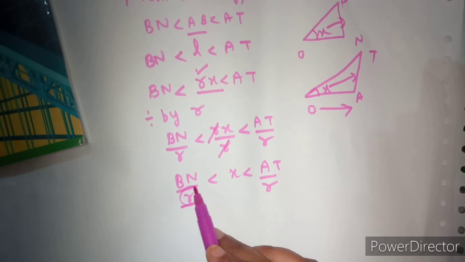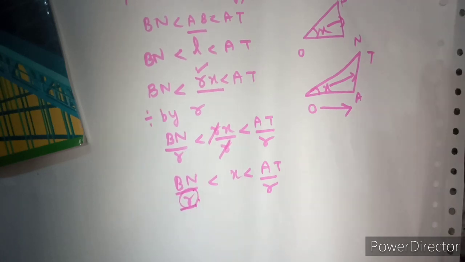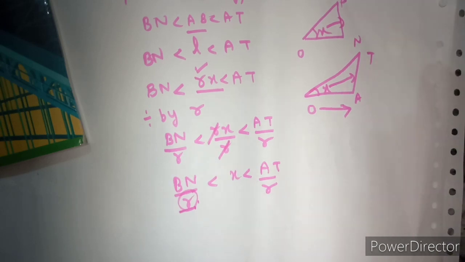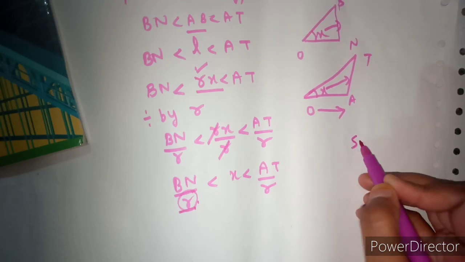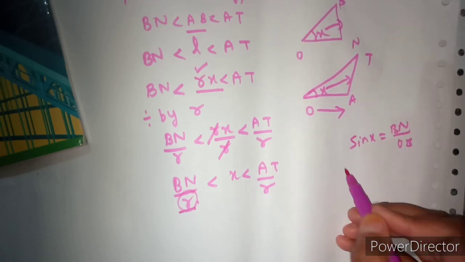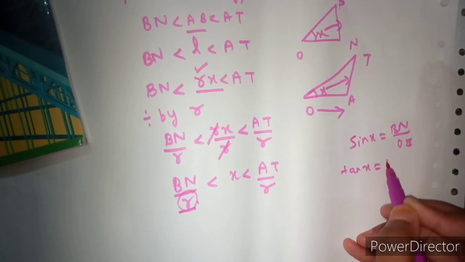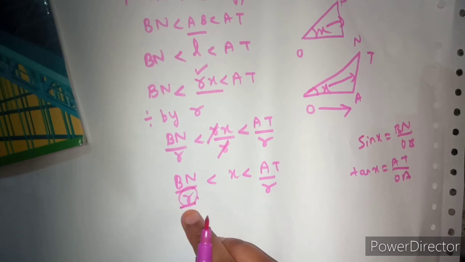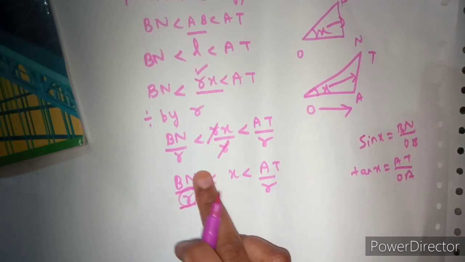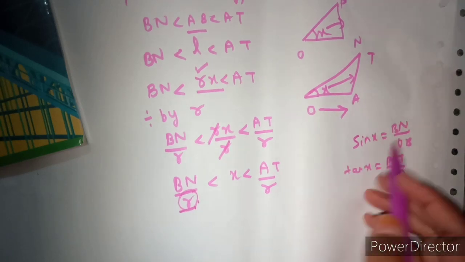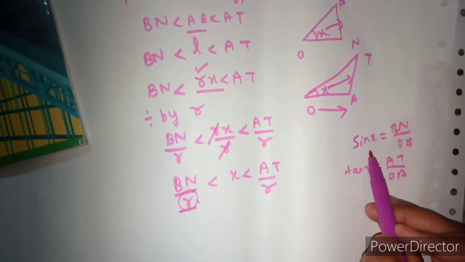So what will we take here? Whether we should take OA or OB? According to the figure we have sin x as BN by OB, right? Tan x as AD by OA. If I take R as OB here, it will become BN by OB, so we have the value for BN by OB as sin x.